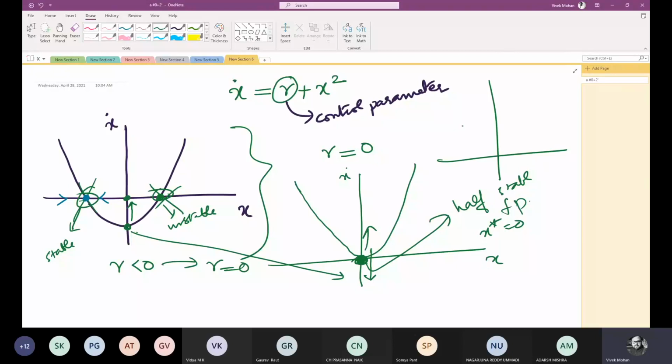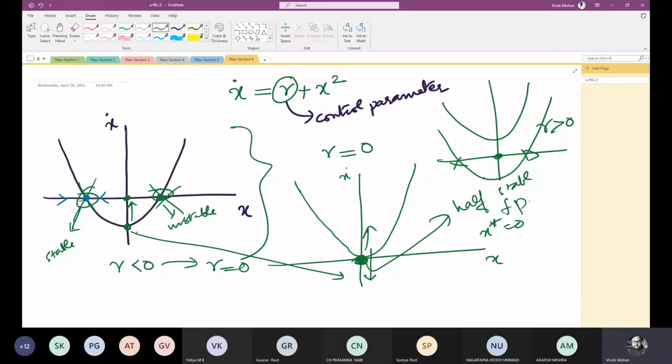For r greater than 0, there is no fixed point at all. If I vary r towards the negative side, when it reaches 0 one fixed point will be there. Then further, if I vary r to the negative side, two fixed points will be there. So here fixed points are created, and in the other direction the fixed points are destroyed.